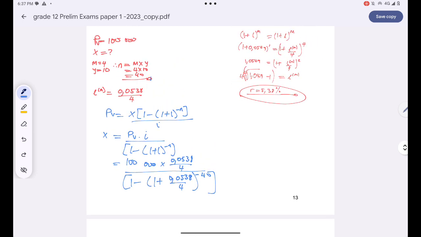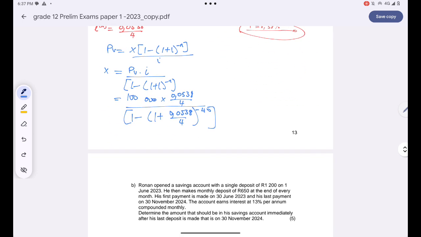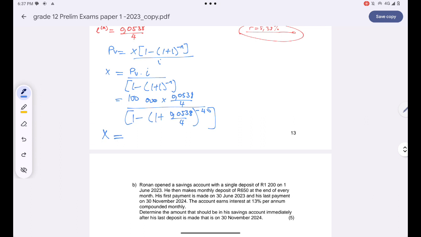Remember that we got n to be equal to 40. So x is just equal to, let me punch my precious calculator, 100,000 multiplied by 0.0538 all over 4, divided by 1 minus (1 plus 0.0538 all over 4) to the power of negative 40.